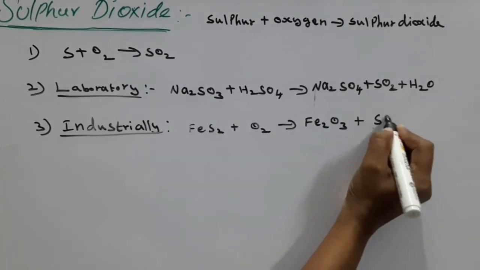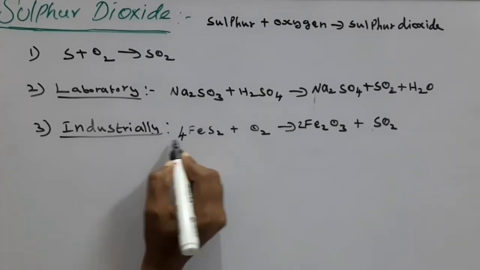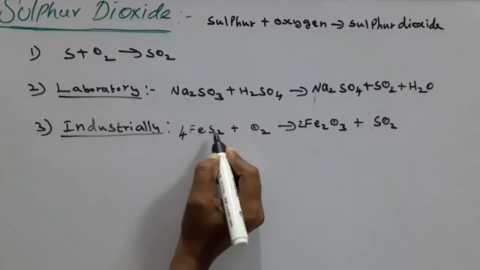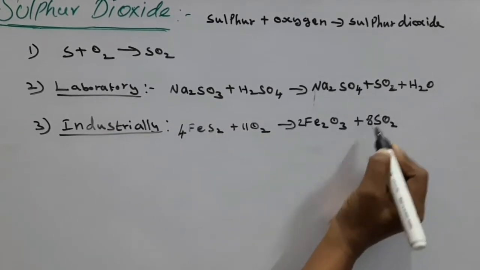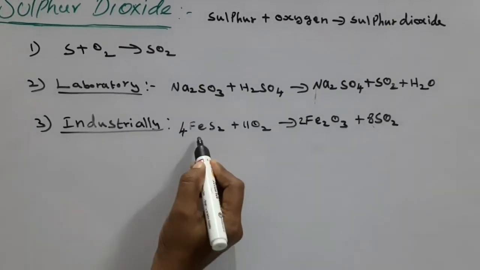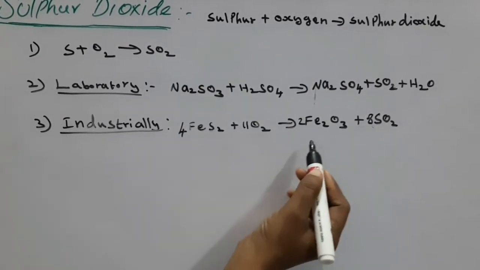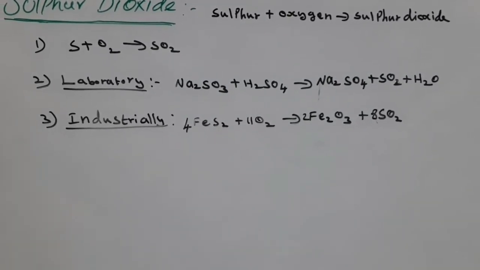The balanced equation is 4FeS2 plus 11O2 gives 2Fe2O3 plus 8SO2. This is iron sulfide plus oxygen to form iron oxide and sulfur dioxide. This is the industrial method.